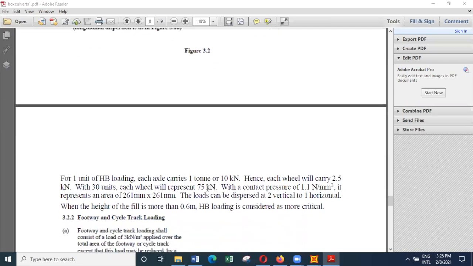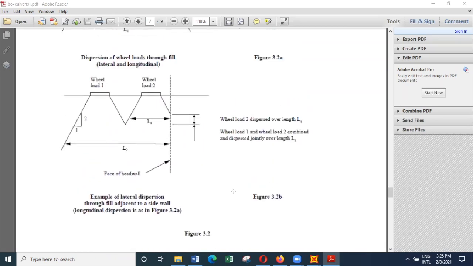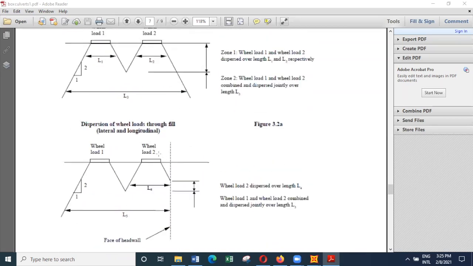And so for 1 unit of HB loading, each axle carries 1 ton or 10 kilonewtons. So each wheel will carry 2.5 kilonewtons. For 30 units, each wheel will carry 75 kilonewtons. And then you will ask, if there are point loads like this, what is the contact area?